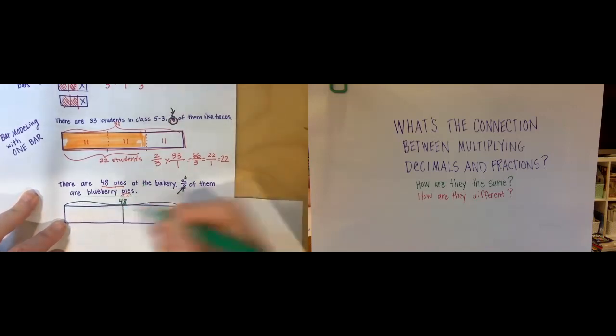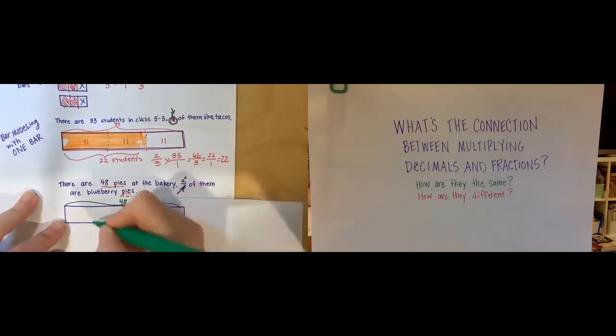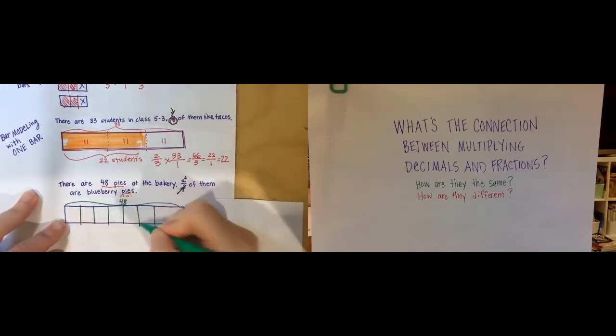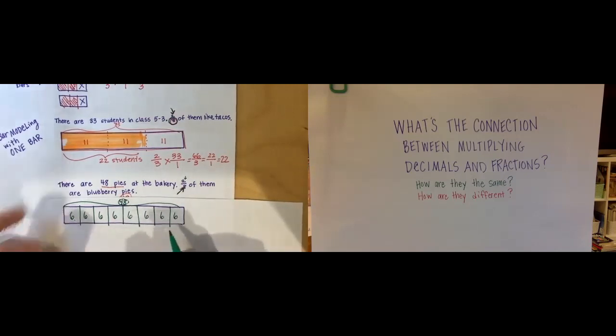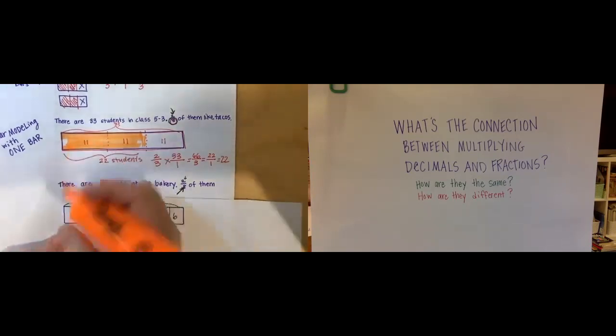I'm going to divide this into, let's see, fourths, eighths. Now, if I divide 48 into 8 equal pieces, the value of each piece should be 6, right? 6 times 8 equals 48. And 2/8 of those pies were blueberry.